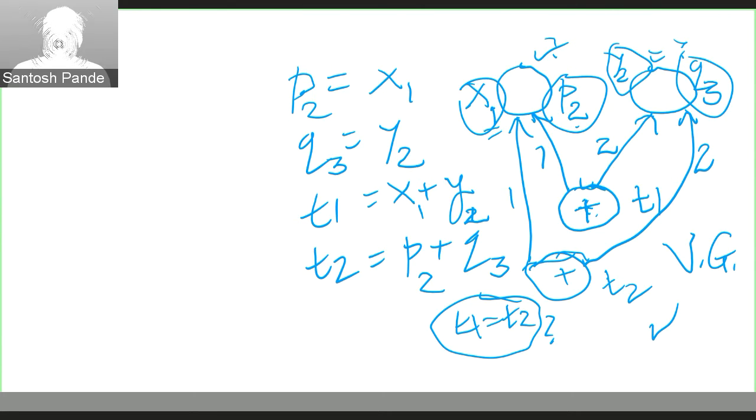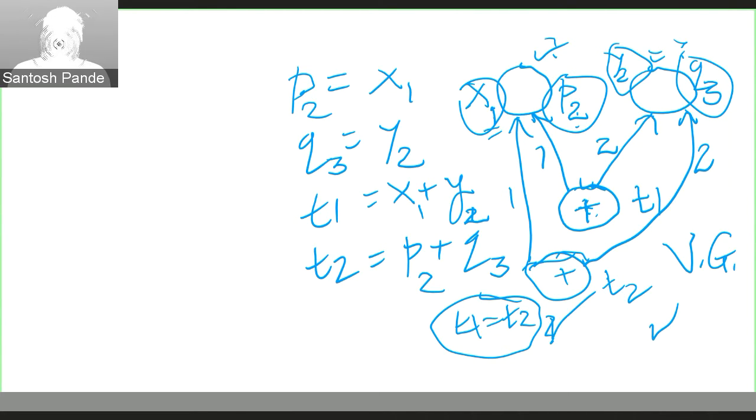So if the operators are the same, and the respective operands on the edges are congruent, X1 and P2 being congruent because they refer to the same node, and Y2 and Q3 also congruent referring to the same node, all these conditions are satisfied.